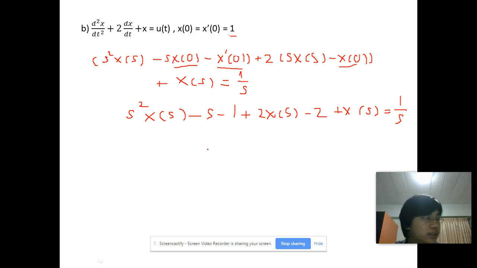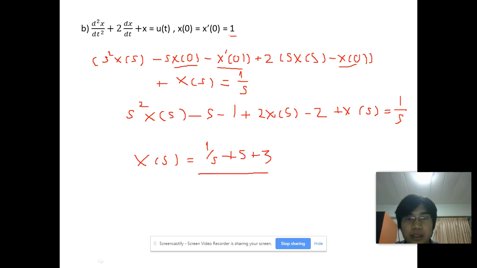And rewrite the equation. Reform the equation and we get the final answer: X(s) equals 1 over s plus s plus 3, over s squared plus 2s plus 1. So this is the final answer of problem B.